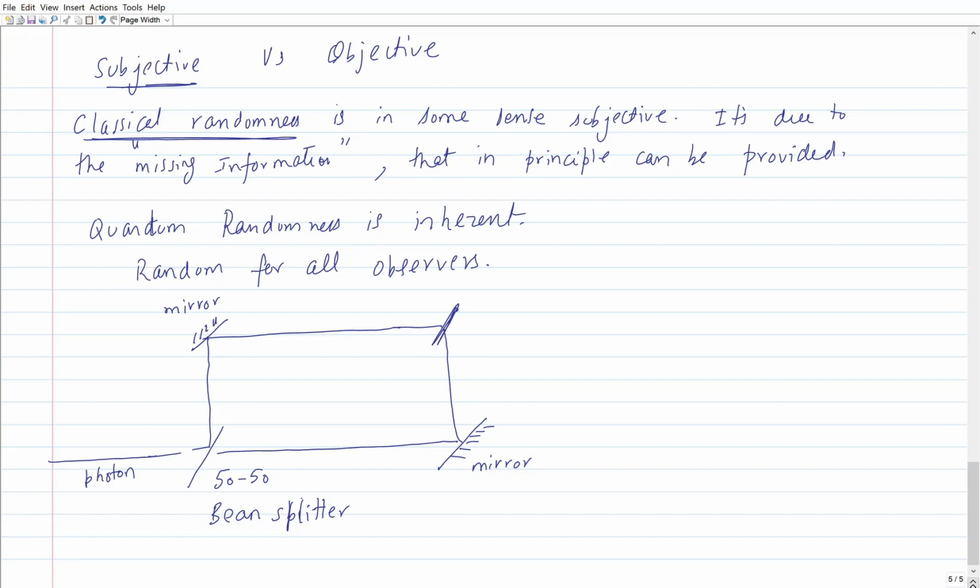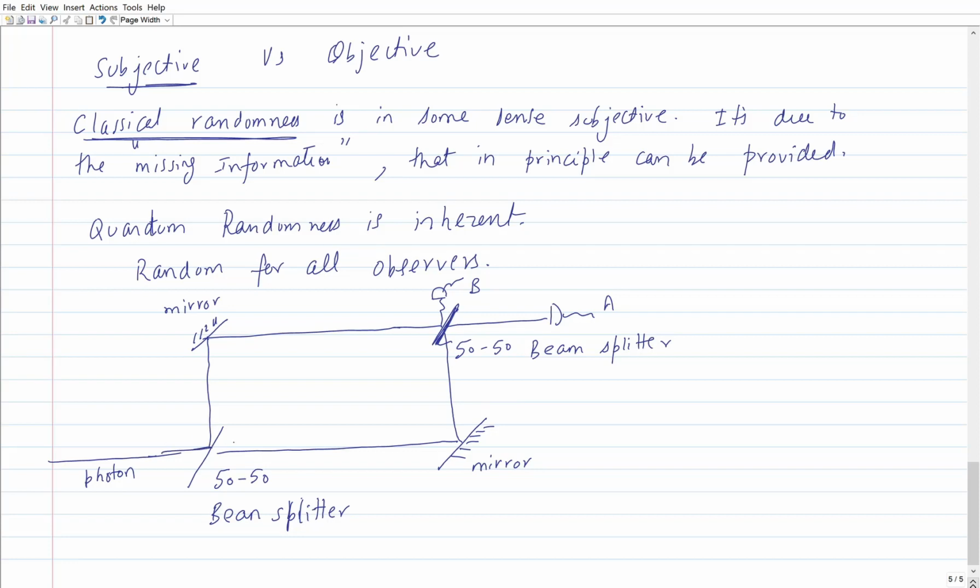And over here I have another 50-50 beam splitter. And I have two detectors, A and B.